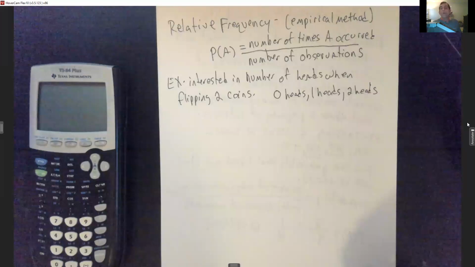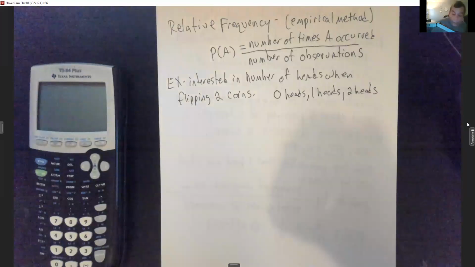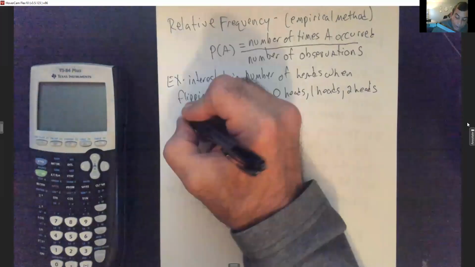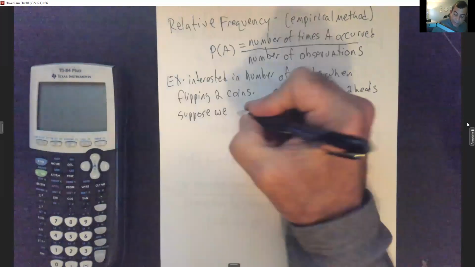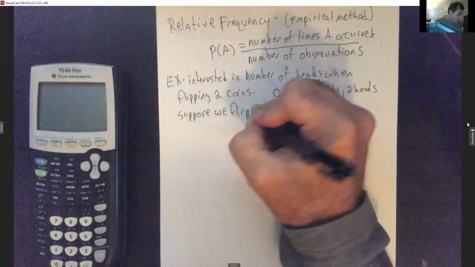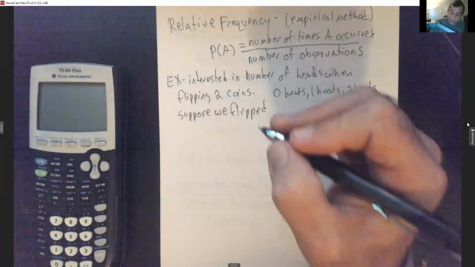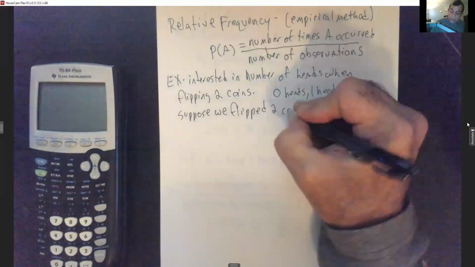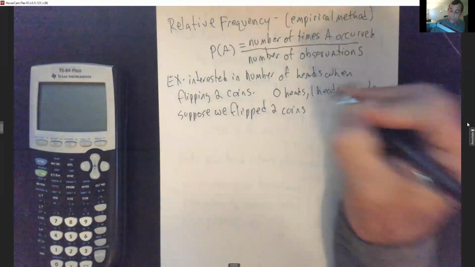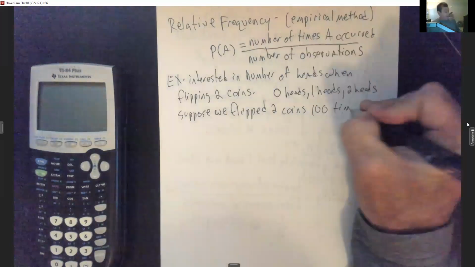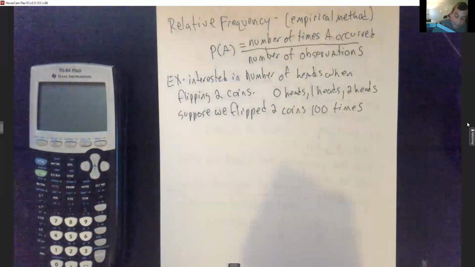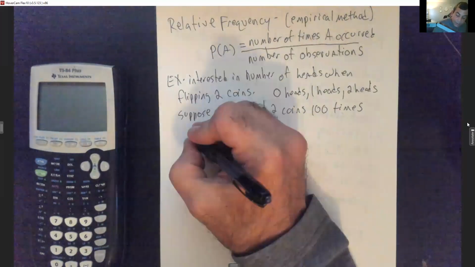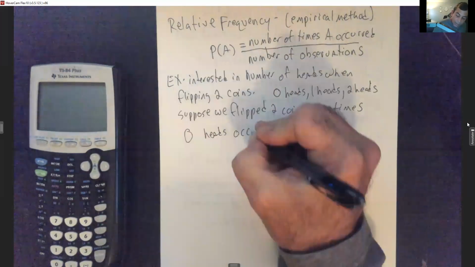So we're going to suppose we did 100 coin flips. So suppose we flipped the 2 coins 100 times. 0 heads occurred 22 times.